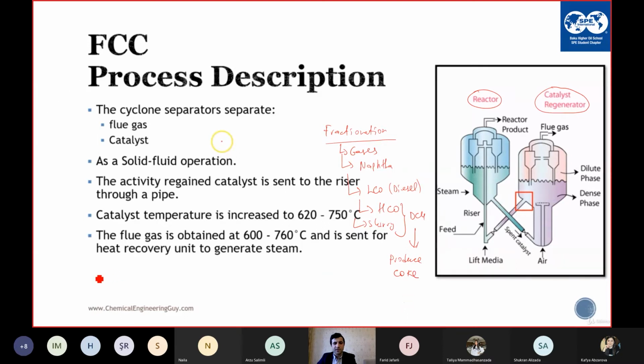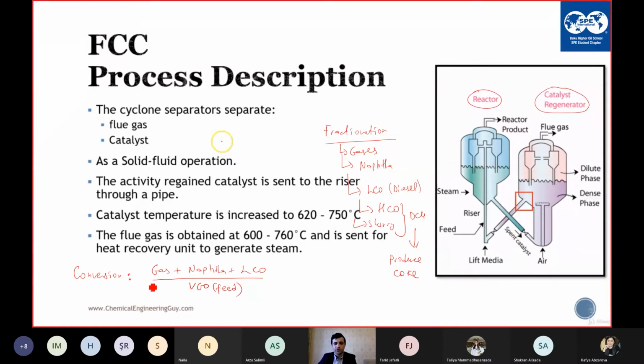And another important parameter is conversion here. How do we find the conversion? The amount of gases plus naphtha plus LCO divided by the VGO. This is your feed.